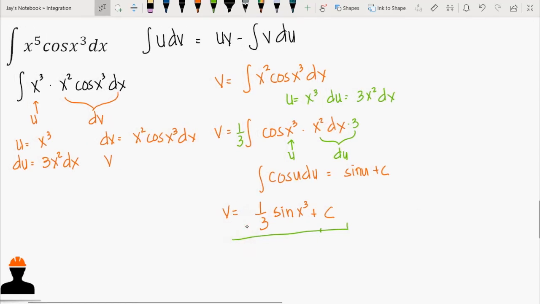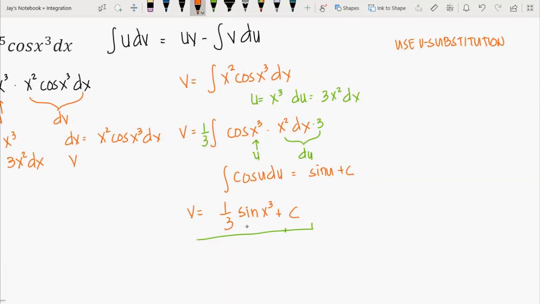Now what if we use u-substitution? Again, we need to change our function of x into a function of u, wherein our x cubed is our u, and du should be 3x squared dx. Now again, we can express that as dx is equal to du over 3x squared. Correct? So from our v, it is the integration of x squared cosine x cubed dx.